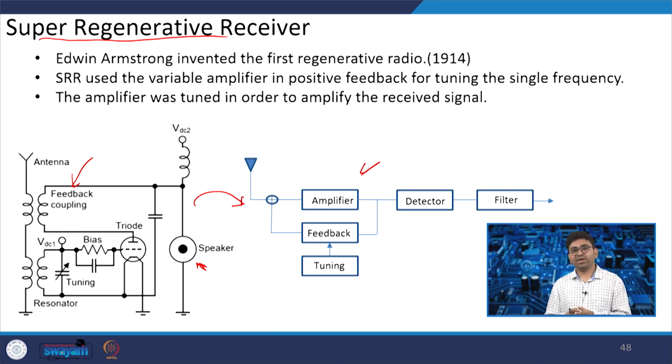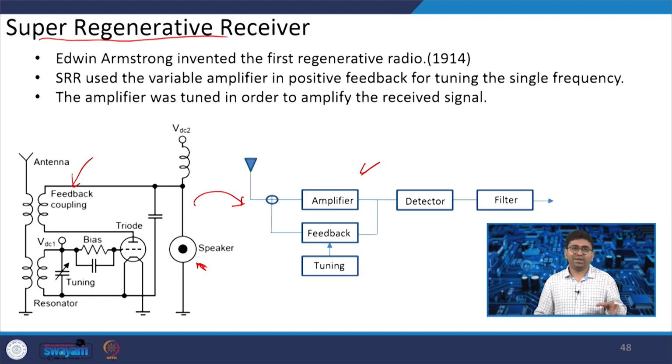In that case we can use this architecture, and in some of the biomedical architecture, many papers are published on super regenerative receiver. So, this can also be considered as one of the receiver architecture.